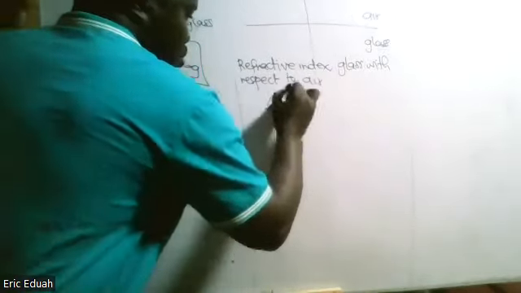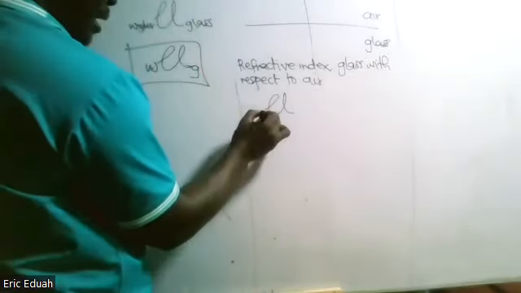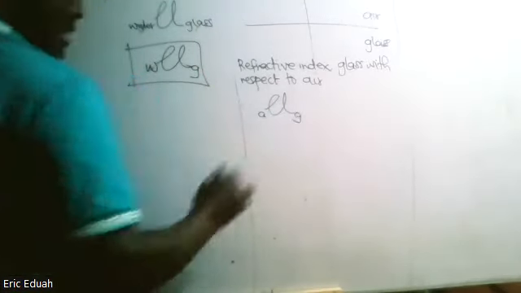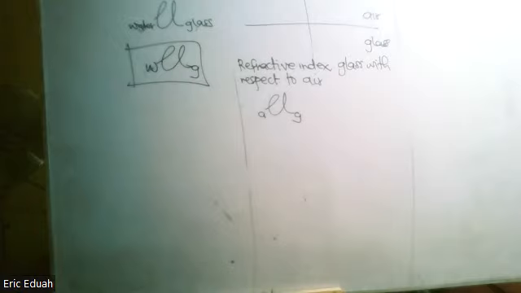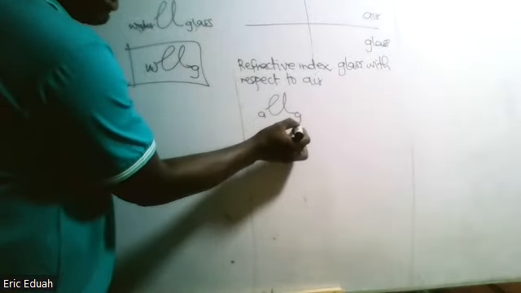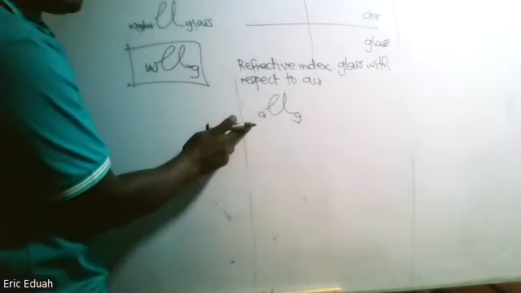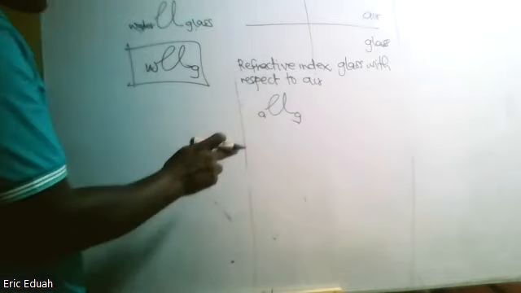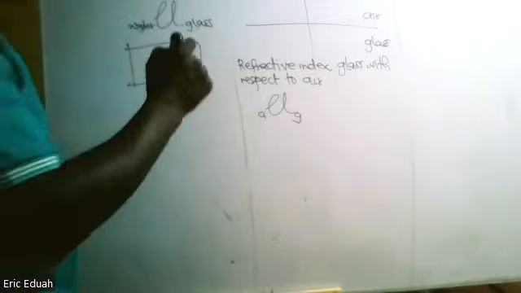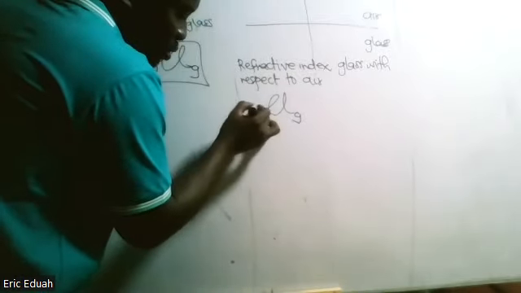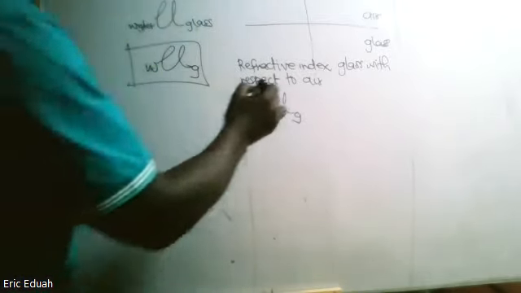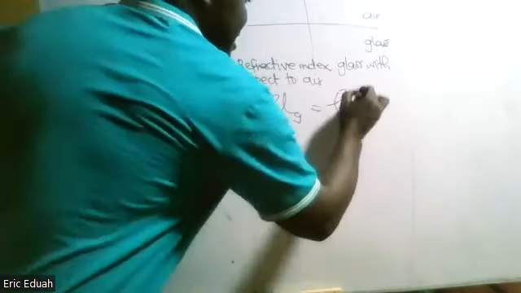Symbolically, this is mu air to glass. Now, because this first medium is air, we can describe this as simply this.